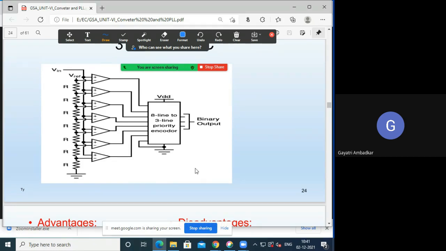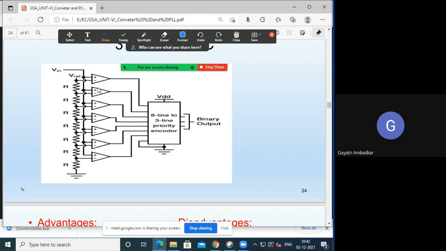So if I ask you 4 bits, you have to calculate 2^4 minus 1, right? And the number of resistors required is equal to 2^n. Because we are using a 3-bit ADC in this example, 2^3 equals 8 resistors we have used. Let me shortly revise how we have connected.